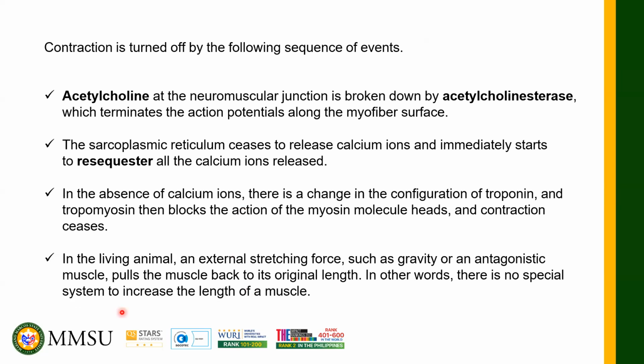Okay? So in the living animal, the length of the muscle is passively restored to its original state by external forces. Like for example, yung gravity or antagonistic muscles. Okay? Yung mga antagonistic muscles are usually yung mga muscles that have the opposite function to the contracting muscle.